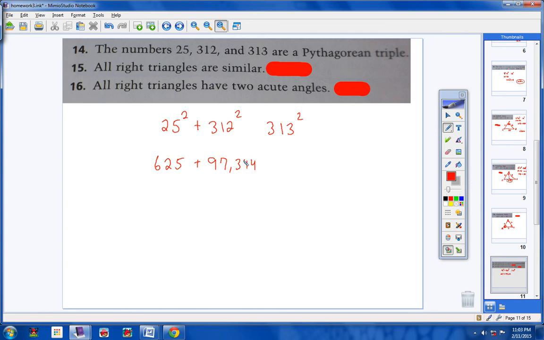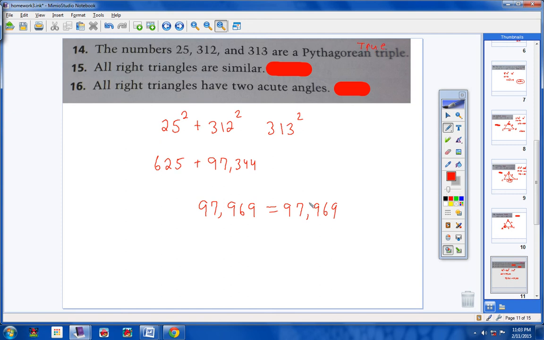Add those two numbers together, and you will get 97,969. Alright, now let's take 313 and let's square that. And we're going to get 97,969. So they're equal. So yes, this is true. We do have a Pythagorean triple.